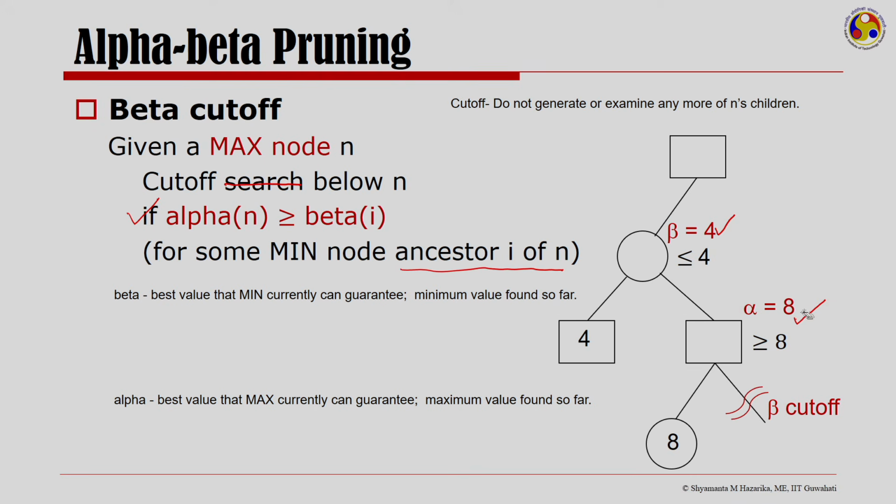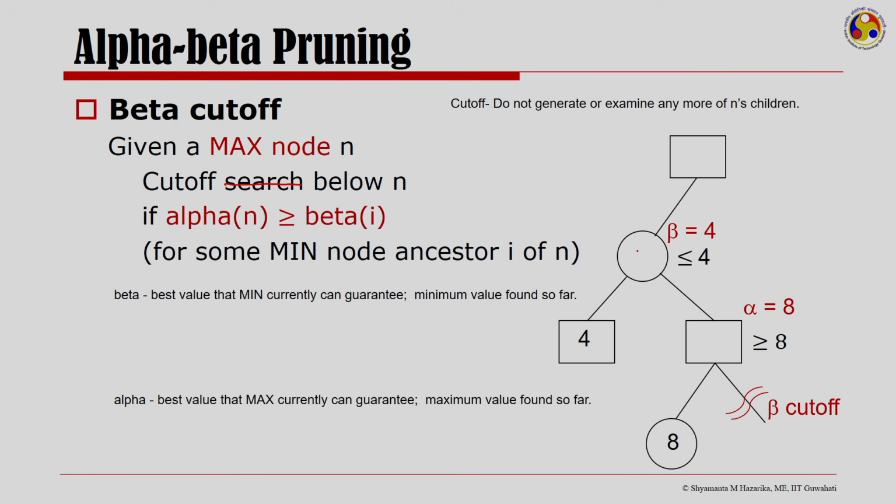Now, why is it that we don't need to search anything beyond this point? It is interesting to take 1 minute and note it. Here we are guaranteed to have something which is greater than or equal to 8, and given that guarantee, here we have something which is guaranteed to keep at the maximum of 4, because this is a min node.